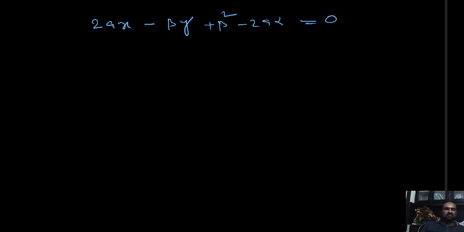So this is the equation of the chord, where alpha and beta is the midpoint.